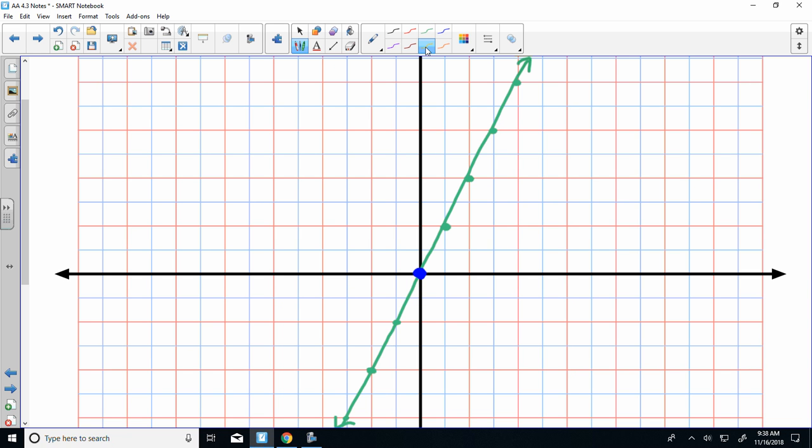All right, so if we choose this coordinate right here, that point is 2, 4.